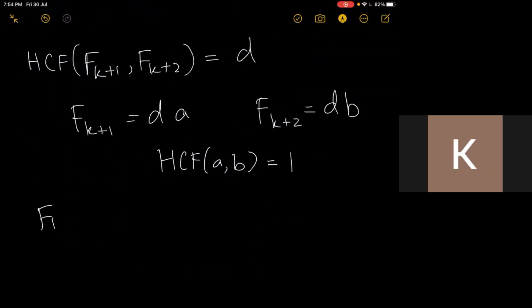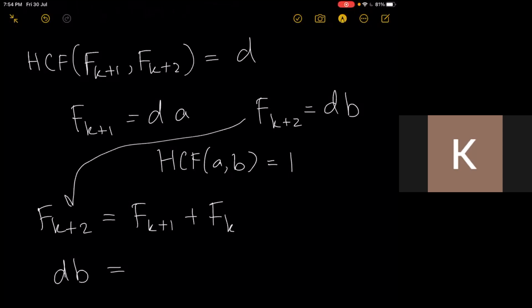Now Fk plus 2 equal to Fk plus 1 plus Fk, right? So dB equal to dA plus Fk.